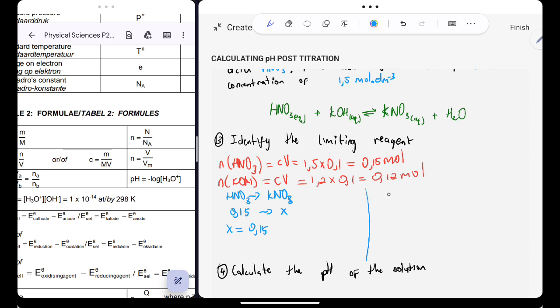And then in this case, I know that 1 potassium hydroxide will give me 1 potassium nitrate. Since I have 0.12, it simply means that I'll form 0.12 moles of the potassium nitrate.